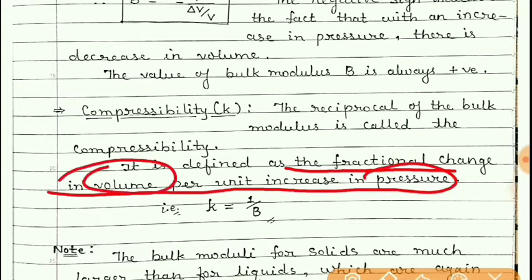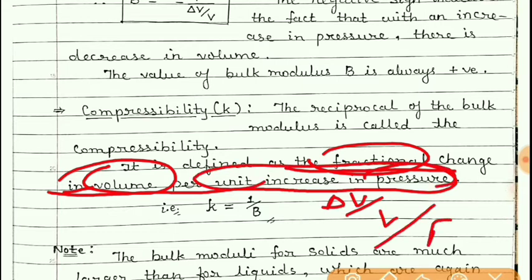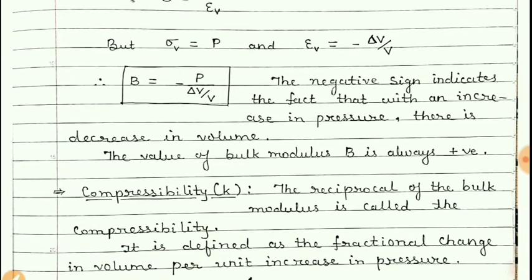That is delta V by V upon P, which is nothing but the compressibility, the inverse of this.